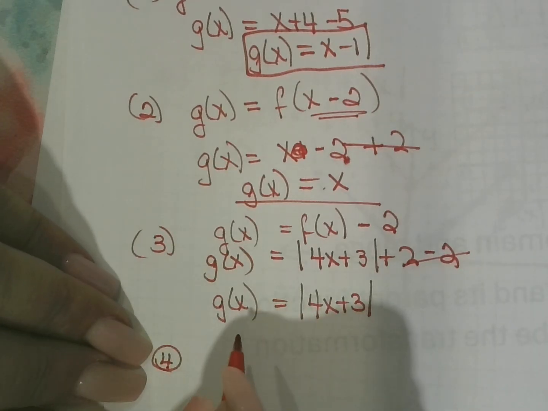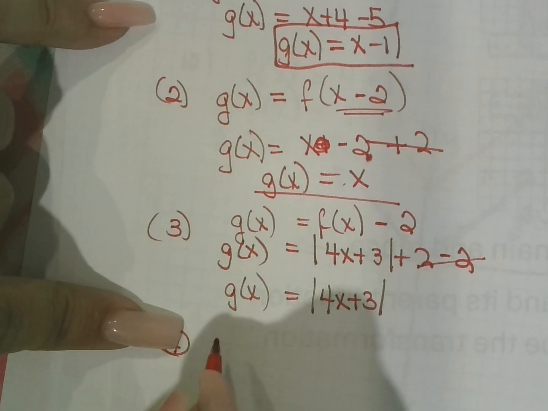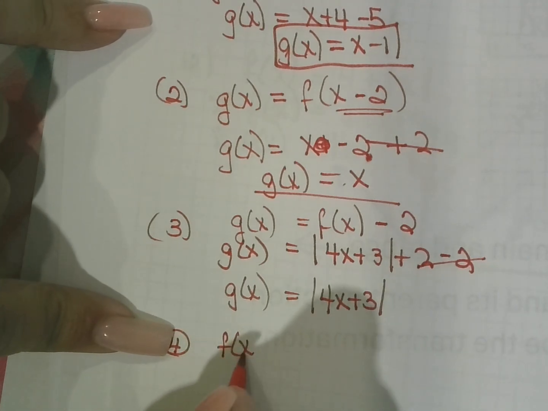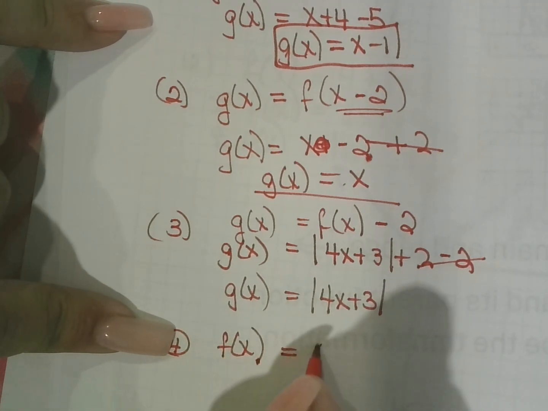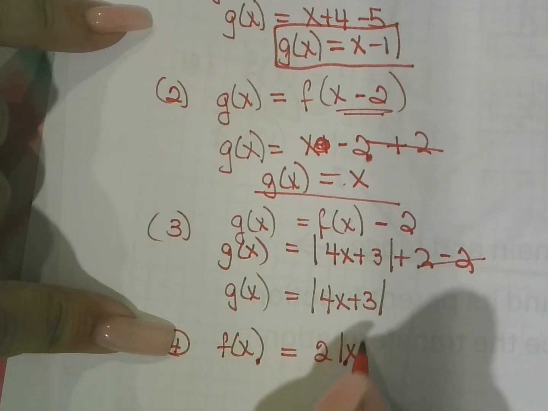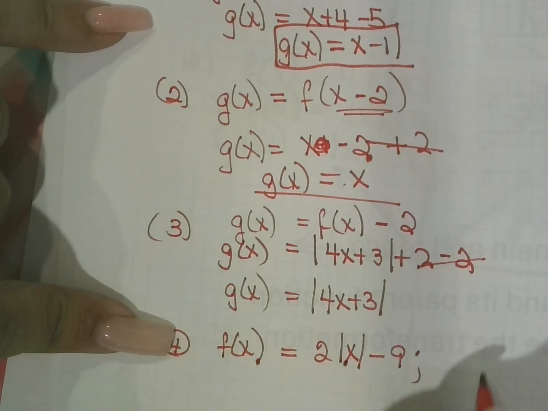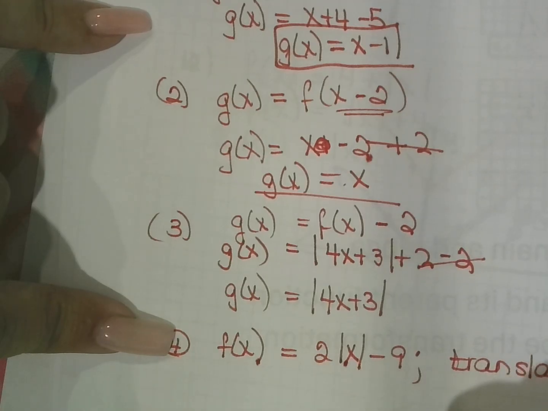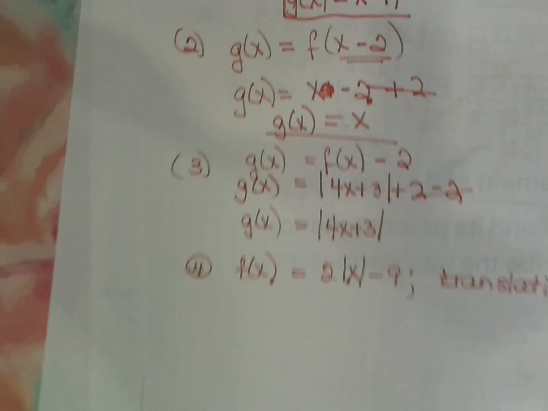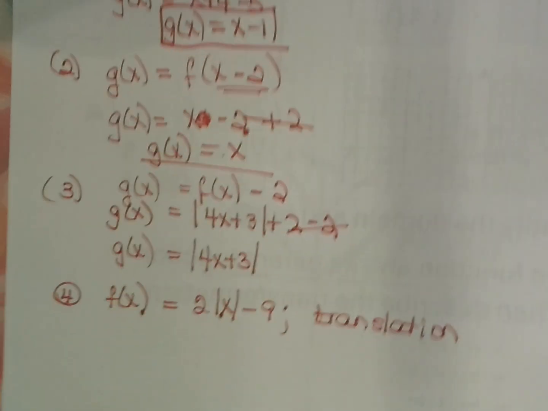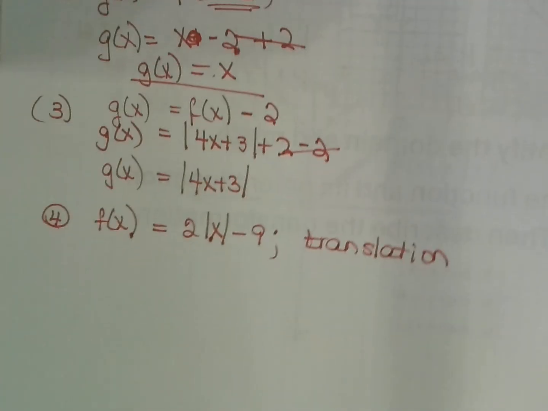Number 4, I'm going to copy the whole thing because I can't see it anymore from here. So we have f of x equals 2 times absolute value of x minus 9. And you want a translation 6 units up.